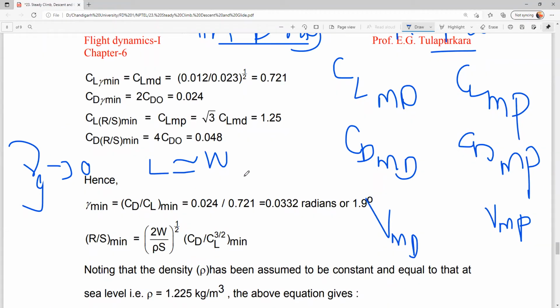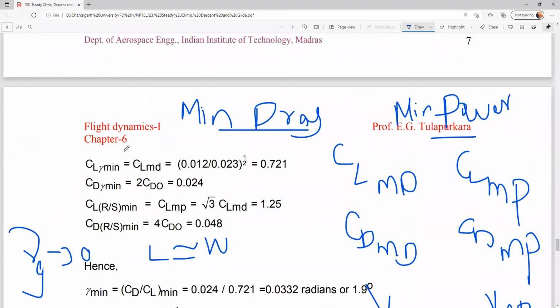So L is equal to W. In this condition, cruise and glide will be very much the same. That's why we are using the minimum drag condition and minimum power condition for solving the factors.